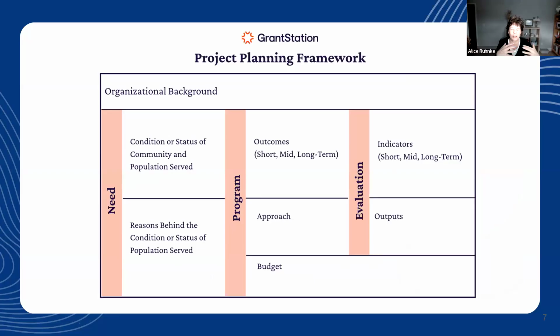And while every request for proposals looks different, and every set of application instructions looks different, the funders are really looking for the same things, and it's the things that are in this planning framework. So we teach a lot about how to create a planning framework, how to connect all the pieces together for a really coherent and consistent story.